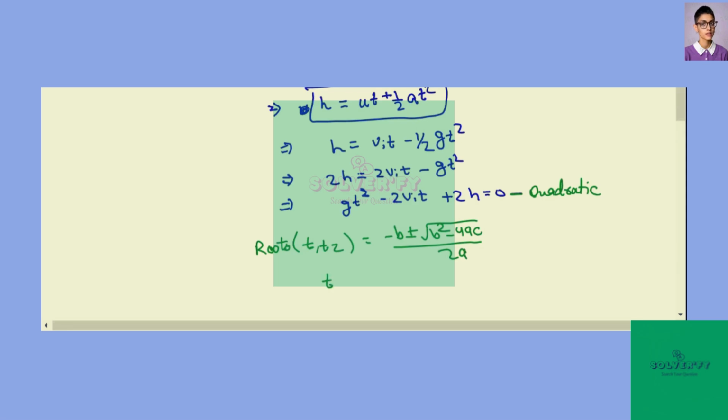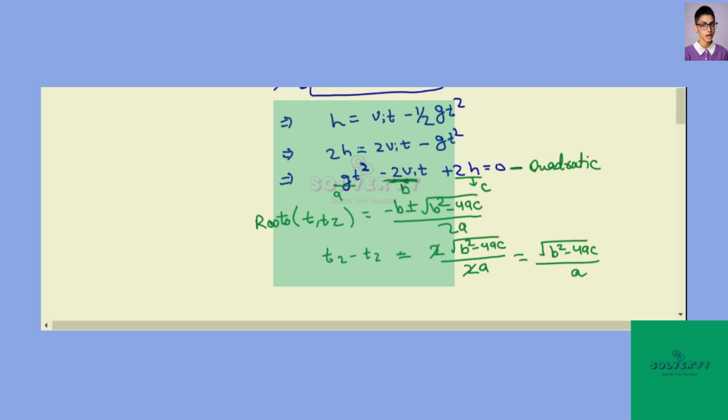So t2 minus t1 in this case, we subtract one value from the other, so the minus b part cancels and we remain with 2 times root of b square minus 4ac upon 2a, which is root of b square minus 4ac upon a. Comparing with the equation, this is a, this whole is b, and this is c, so the sign is also included in the quadratic equation.